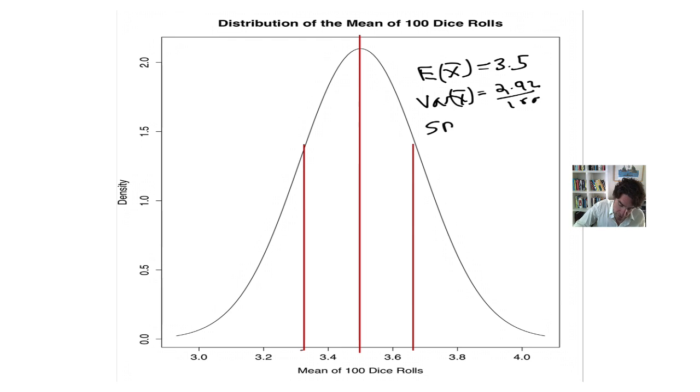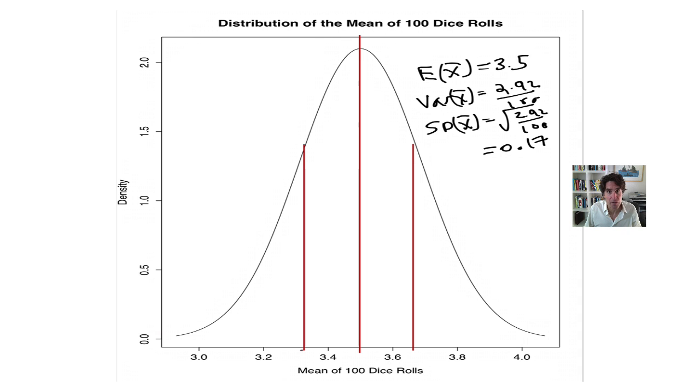That means that the standard deviation of x bar is equal to the square root of 2.92 divided by 100, which is 0.17. Statisticians also often use the standard deviation instead of the variance to describe the average deviation from the mean.